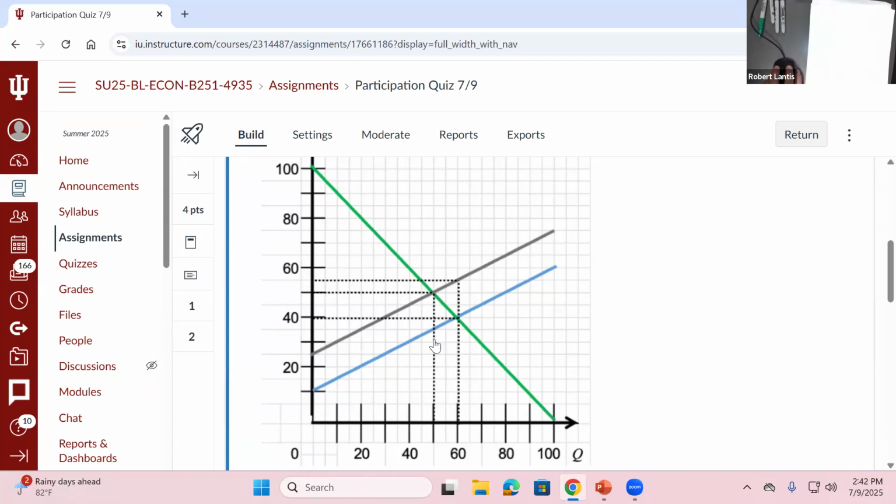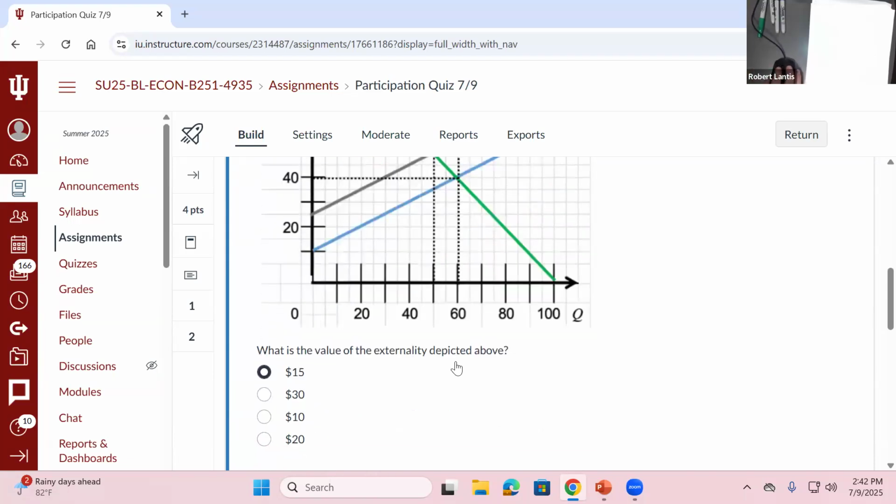Here it's going from 35 to 50, that's 15. I could also look at the intercept, 10 to 25. The difference between the marginal social cost and the private marginal cost should always be that same per unit external cost of $15. Any questions on that idea before we keep moving?